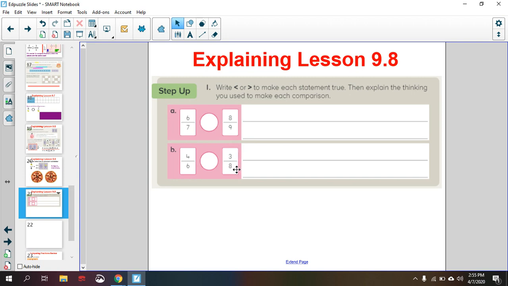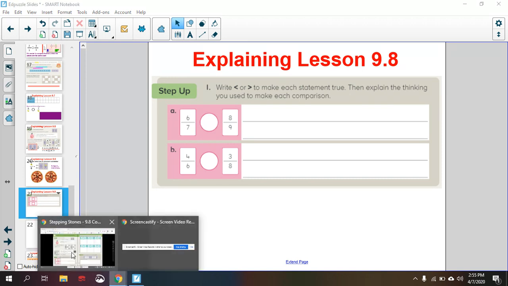Well, 3/8 is not more than half because 3 is less than 4 and 4 is half of 8. So you know that this one would be bigger because it's more than half, and this one is less than half. So again, those are some strategies that you could also think about instead of trying to get your bottom numbers or your top numbers to be the same.